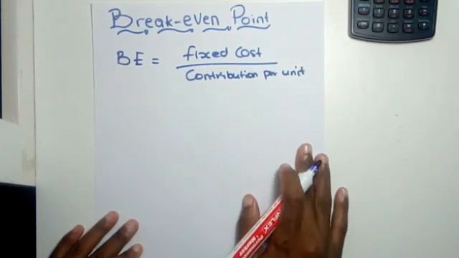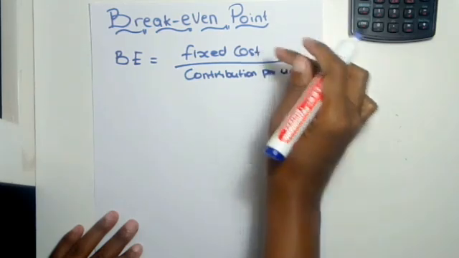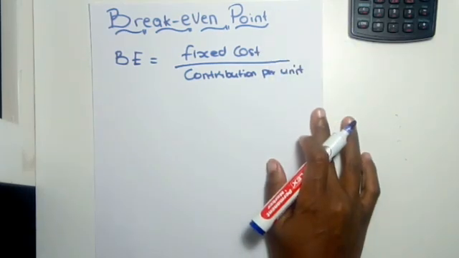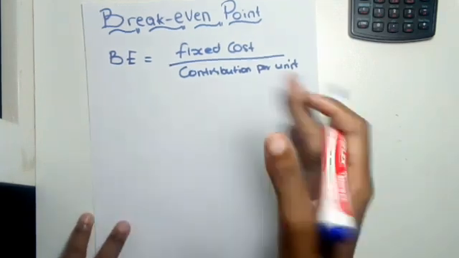So fixed cost, we know that, as we have discussed previously, it is those costs that do not change regardless of production. They have given them to us at 16 rands 20 per unit. We know that they have produced 240 units. That's given to us, so we'll just have to multiply those two in terms of our calculation.